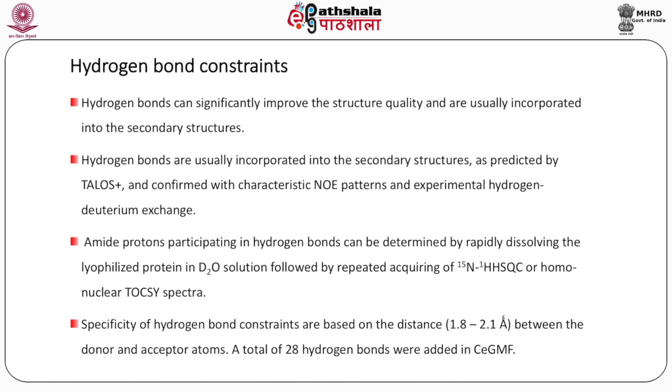Amide protons participating in hydrogen bonds can be determined by rapidly dissolving the lyophilized protein in D2O solution, followed by repeated acquiring of N15 proton HSQC or homonuclear TOCSY spectra. Specificity of hydrogen bond constraints are based on the distance 1.8 to 2.1 angstrom between the donor and acceptor atoms. A total of 28 hydrogen bonds were added in CeGMF for structure calculations.